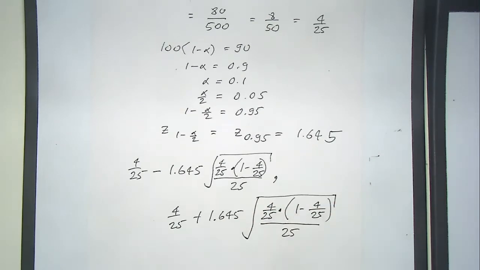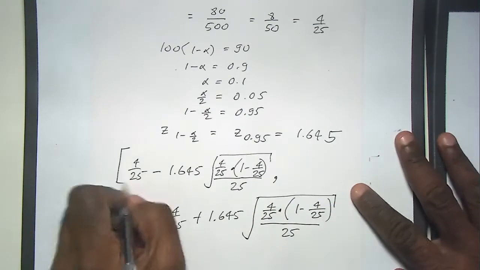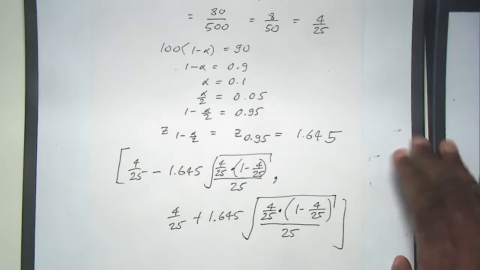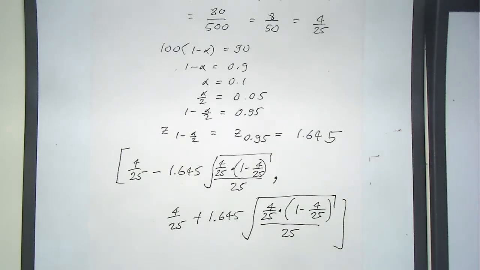Alright, so this is the answer. This is the confidence interval for the proportion of people who own 3 or more TVs, right? Okay.